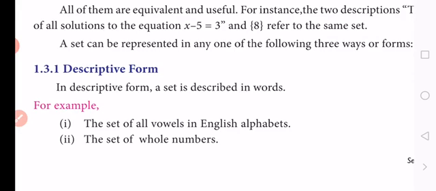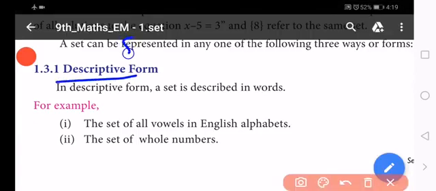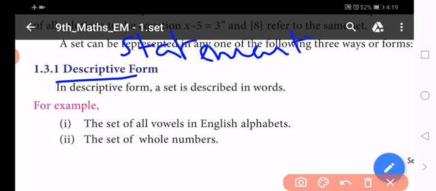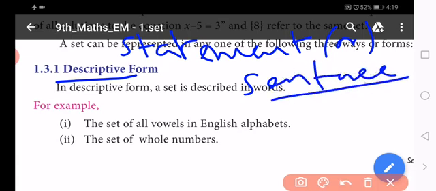The first form is descriptive form. So what is meant by descriptive? Descriptive means statement or sentence form. One way to specify a set is to give a verbal description of its elements.